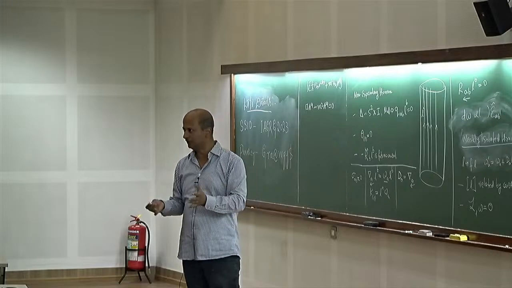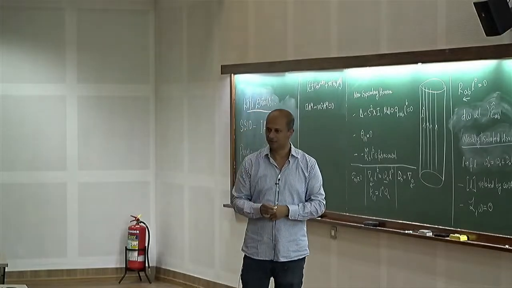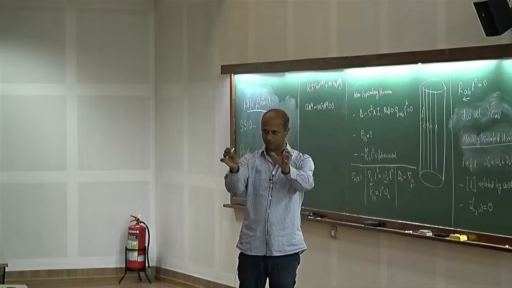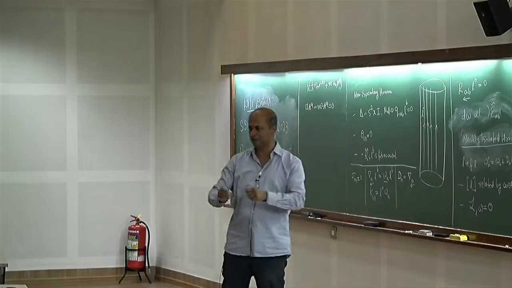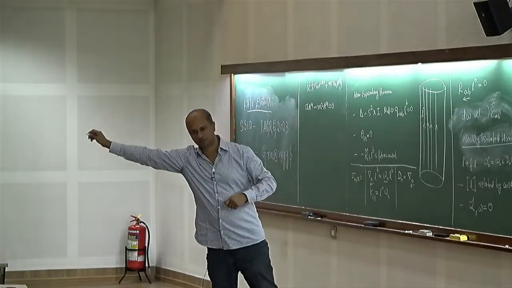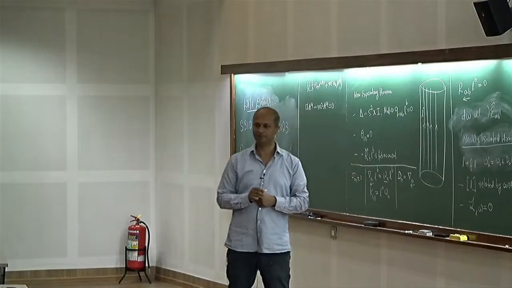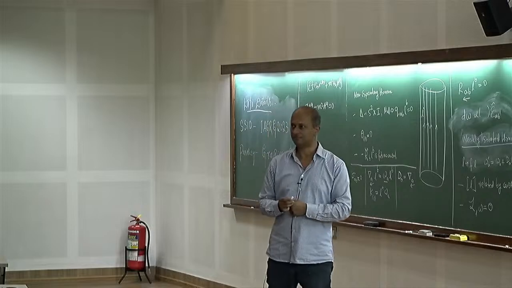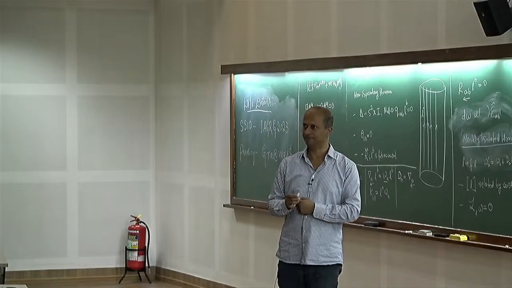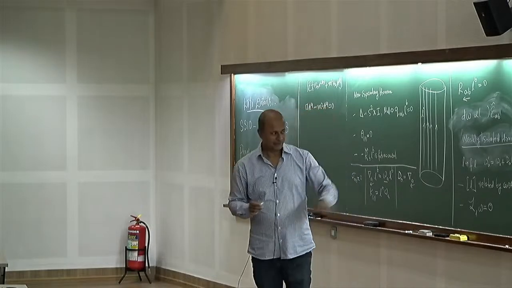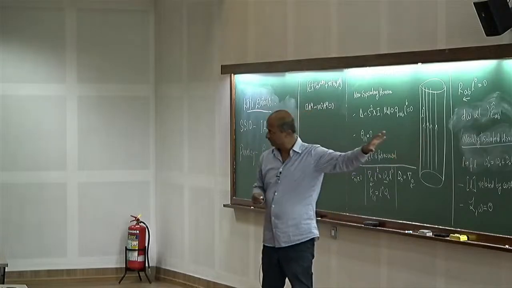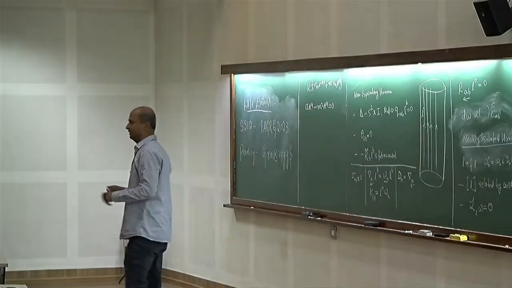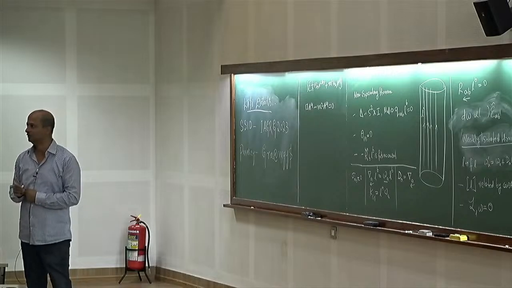And you might think that if I have a black hole living in the universe, then to talk about the thermodynamics of a given black hole, I should not have to refer to things happening far away from it. This is not what you do for any other physical system, right? Is that clear? So these are the problems you can identify with the standard first law for black hole mechanics.